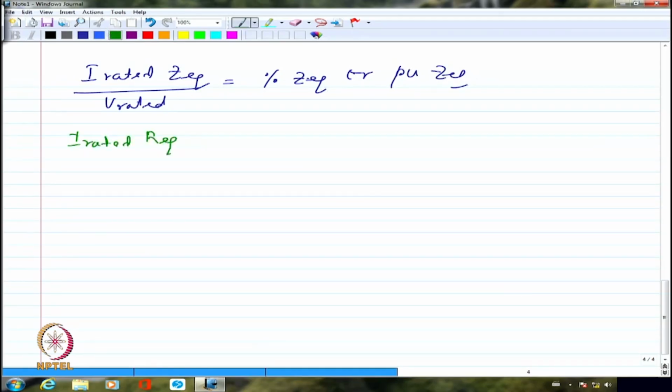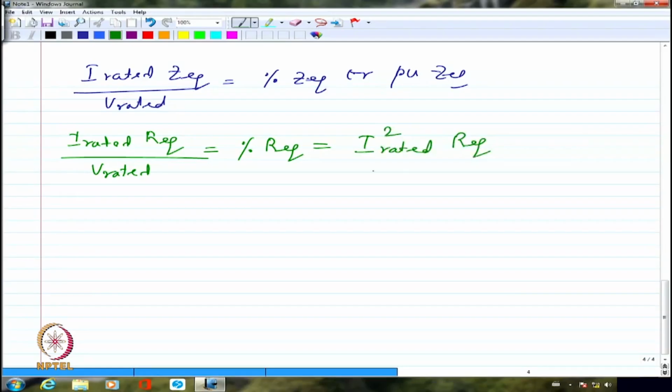Instead, I can multiply and divide by I rated. So what I will get will be I rated whole square multiplied by R equivalent divided by kVA basically, because V rated multiplied by I rated is kVA. So this also will give me per unit resistance. I think one of the problems gave this.